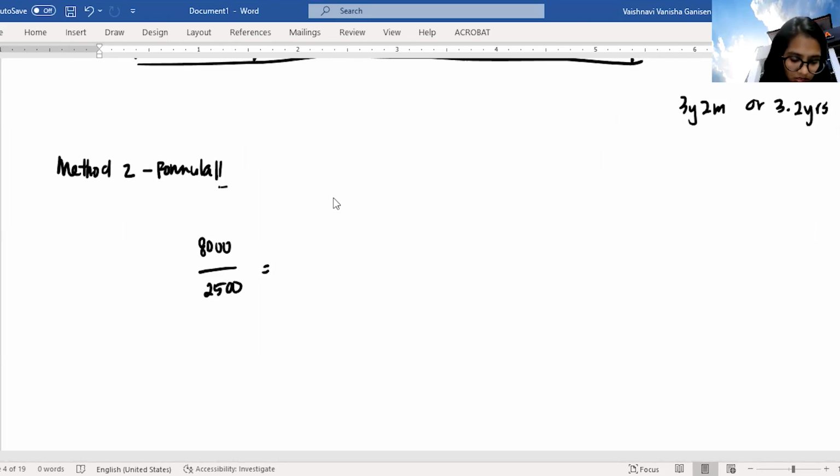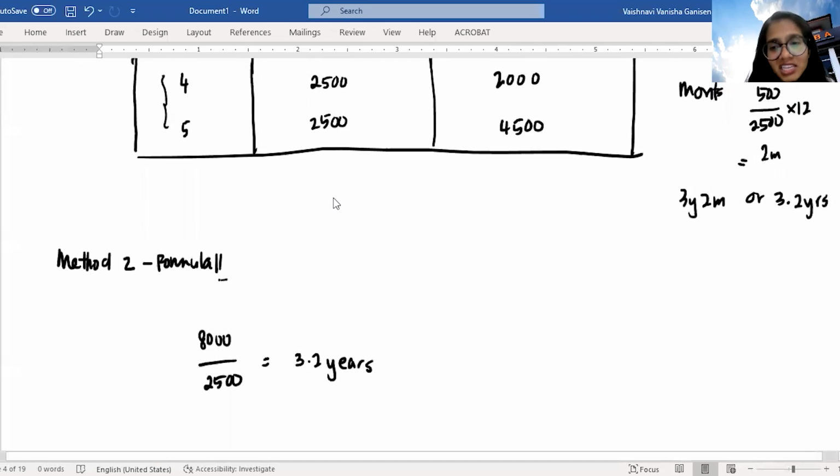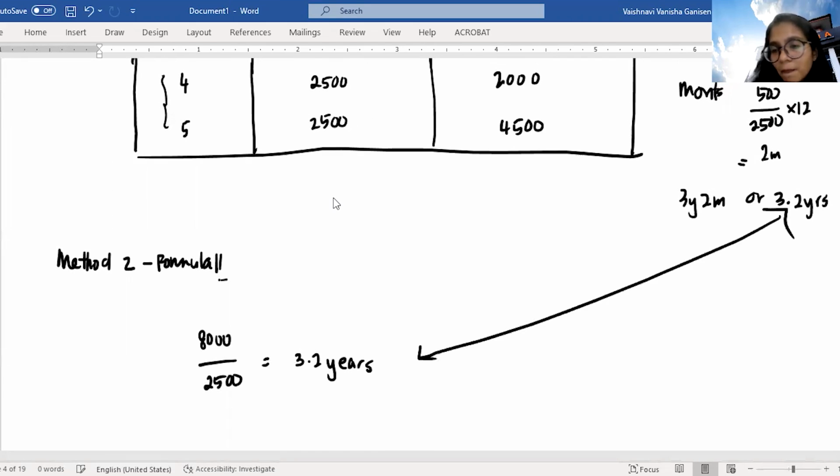So 8,000 divided by 2,500 is 3.2 years. Can you see that if you have constant cash flow, instead of using the tabular method, I would rather use the formula method, because it is so straightforward and so easy to calculate. I don't need to put in extra effort and extra time to calculate it.